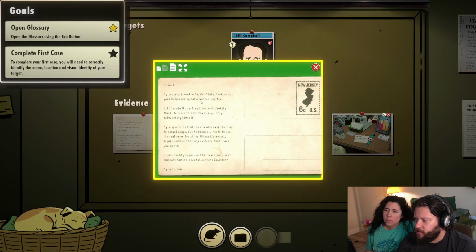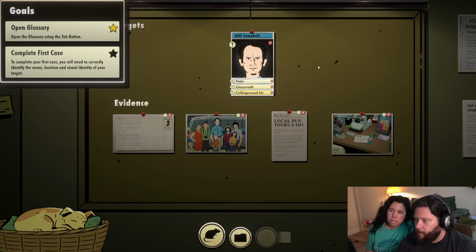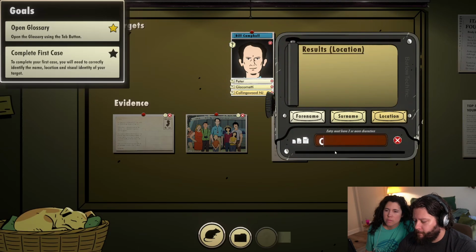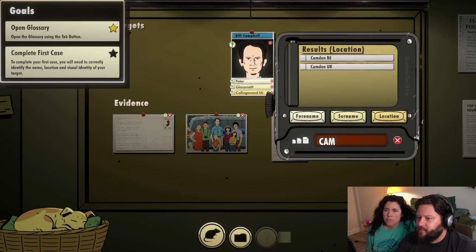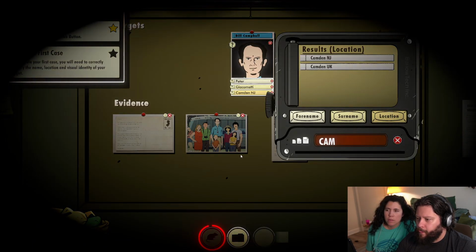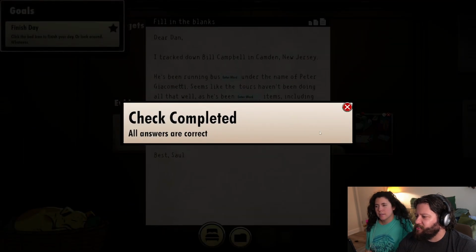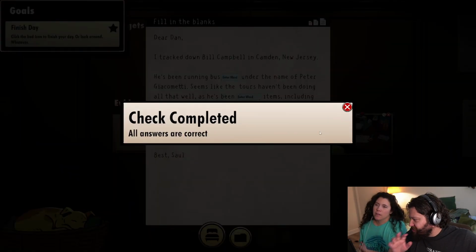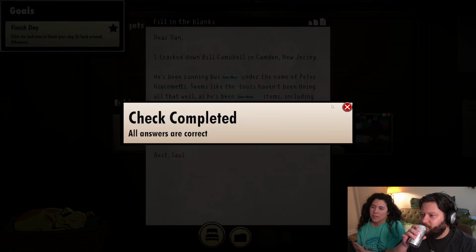Garden State, wanted fugitive. Moves towns regularly. I mean, is it just Camden? Are we overthinking this? Is it just Camden, New Jersey? Yes, we were overthinking it. I'm like, the bus, it's a red herring.